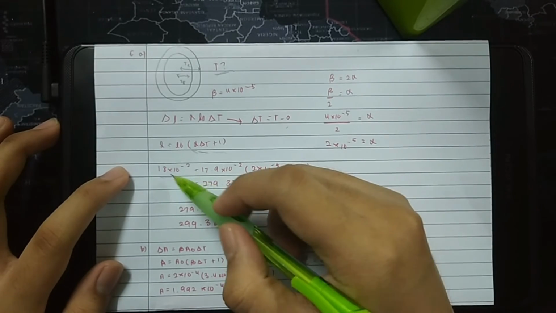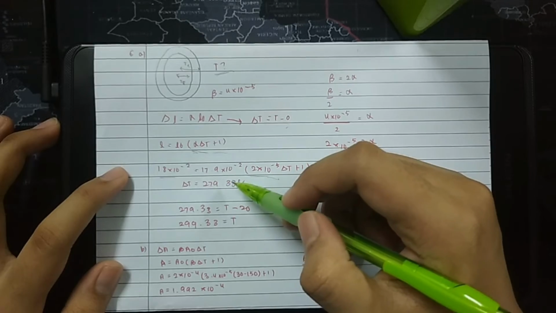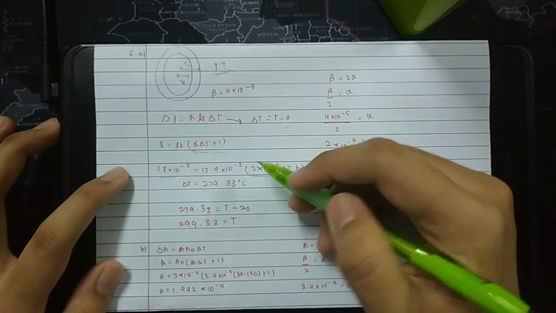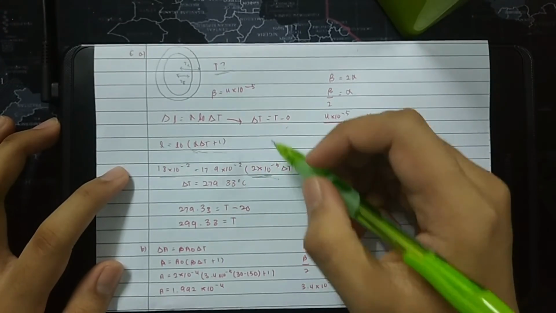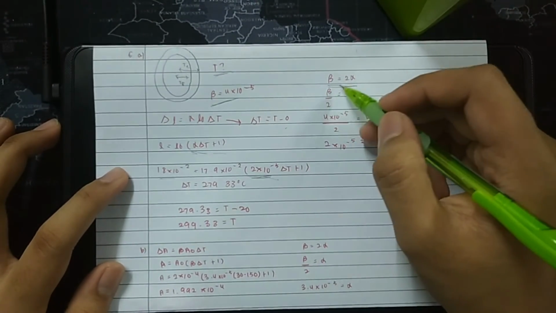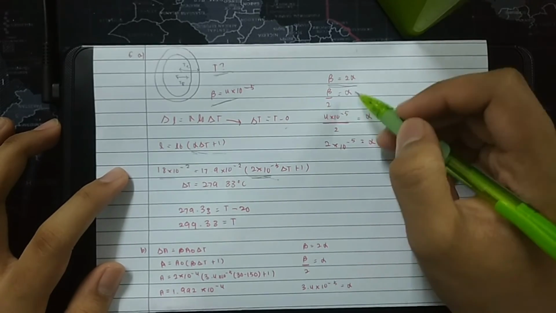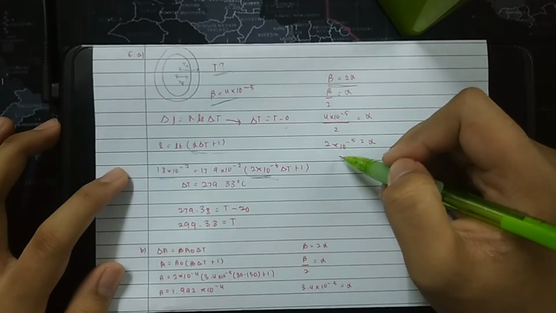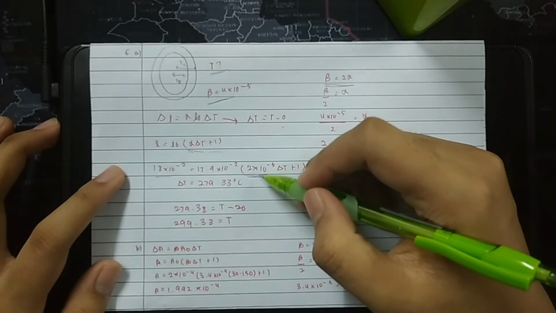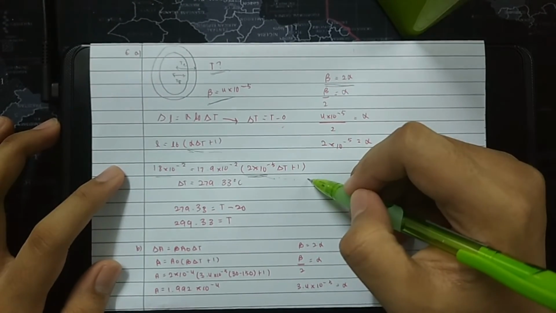L sama dengan 18 darab 10 kuasa negatif 2, L0 kita 17.9 darab 10 kuasa negatif 2. Untuk alpha kita, sebab dia dah bagi beta, kita masukkan beta sama dengan 2 alpha. Kita derive, kita pindahkan supaya dapat alpha kita 2 darab 10 kuasa negatif 5. Kita masukkan balik sini, darab dengan delta T plus 1.